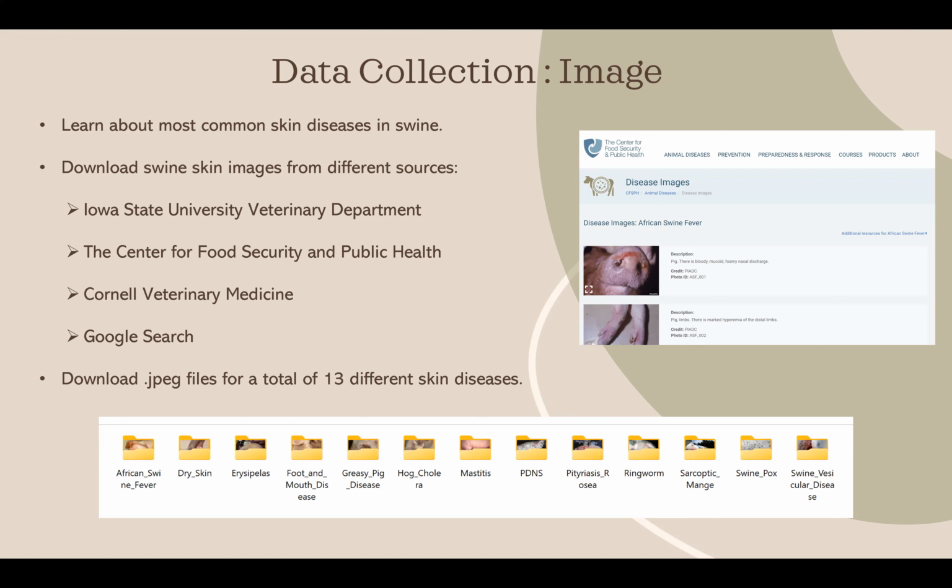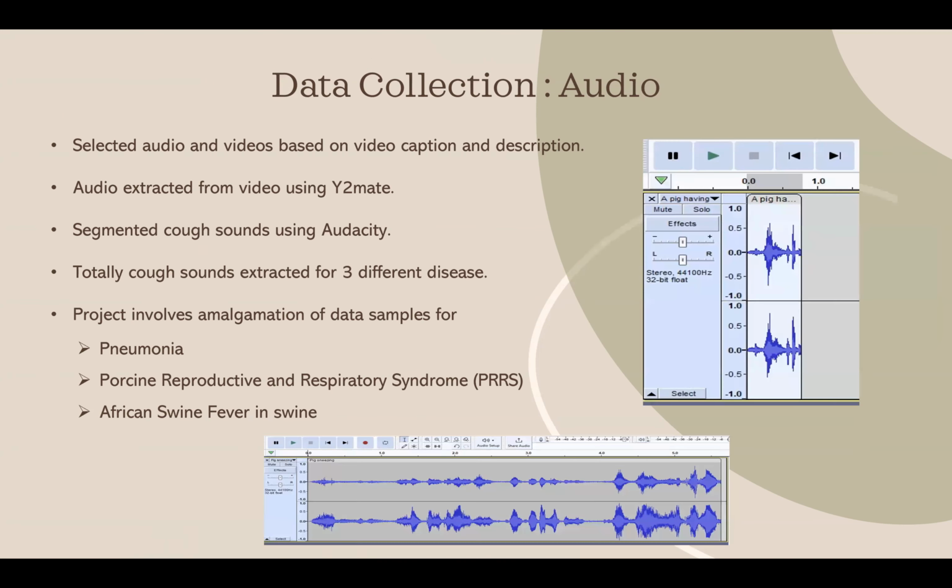We downloaded images from the Iowa State University Veterinary Department, the Center for Food Security and Public Health, and Cornell Veterinary Medicine, and we topped up these databases with our own Google search. We downloaded .jpg files for a total of 13 different skin diseases, ranging from African swine fever to swine vesicular disease.